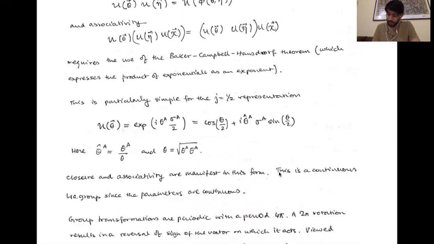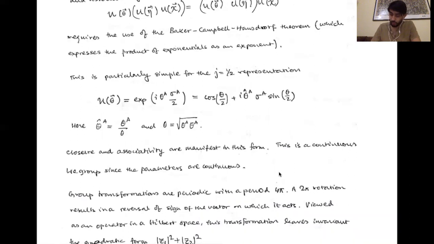So this theta_a-hat is given by theta_a by theta, and theta is just the square root of theta_a squared, if you wish. And if you do this, closure and associativity are actually manifest in this form. So this is something that forms a continuous Lie group because its parameters, these thetas, are also, as I say out here, continuous, right?